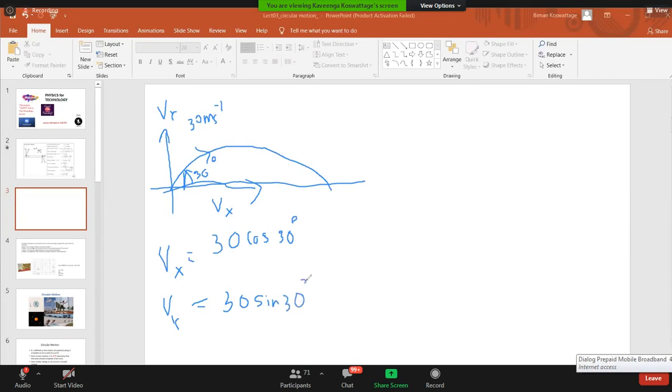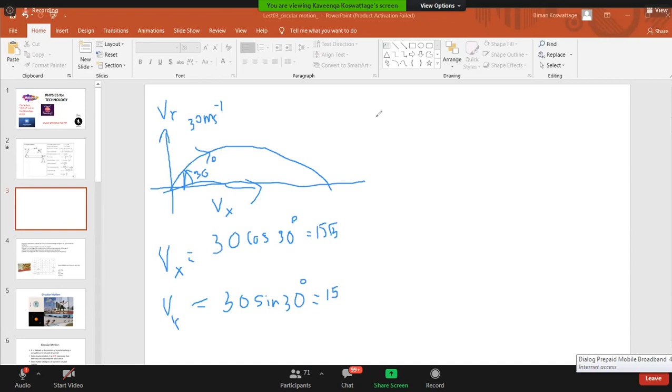Right? This is very simple. And then if you solve more, it is very easy: this is 15√3, and this is 15. Right? So now it's separate motion.